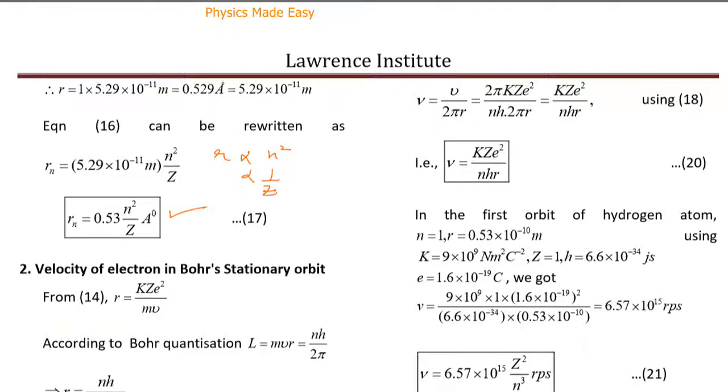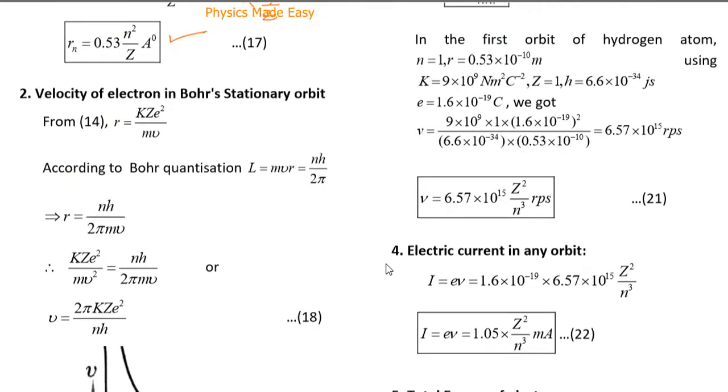So in this way we can make calculations. In our next article, let us make calculations for velocity. We have got two equations. One was m v square by r, centripetal force balanced by electrostatic force.